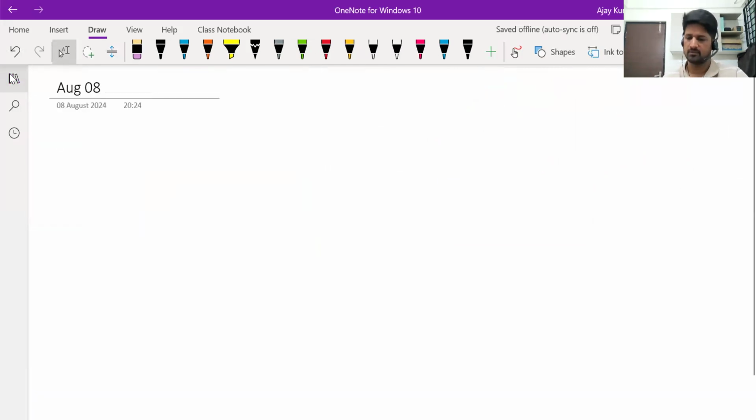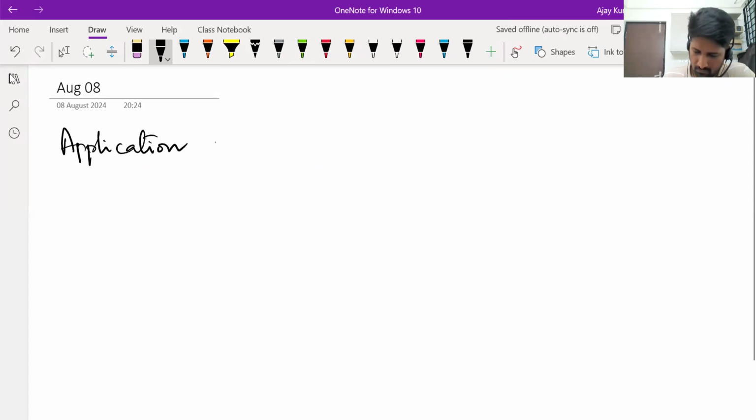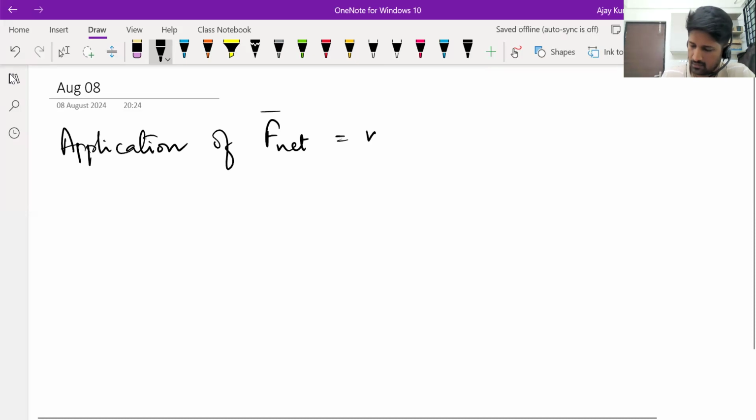Let's solve some problems based on this first. This class and maybe the next few classes will be discussing applications of Newton's second law applied to a system of constant mass.